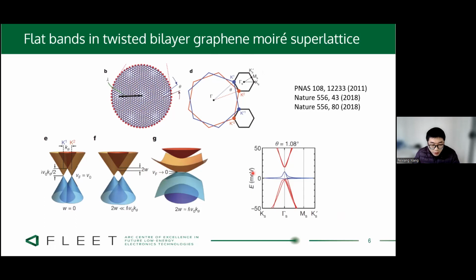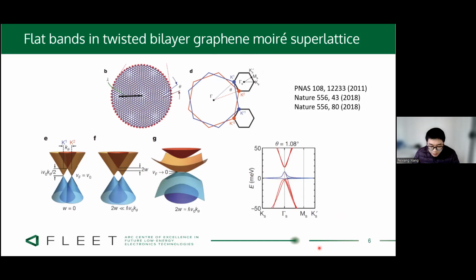As a result, a very flat band with bandwidth about 10 meV is formed near the low energy regime.